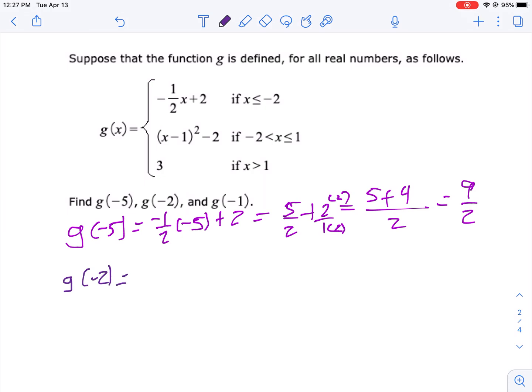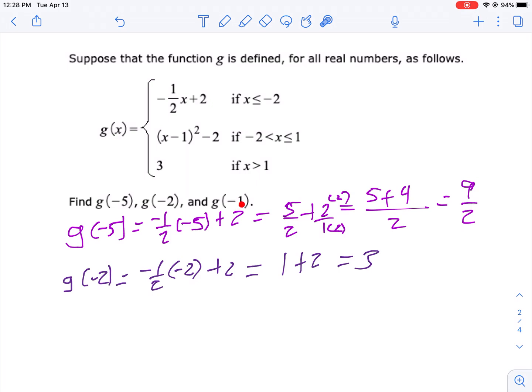So g of -2 is -1/2 times -2 plus 2. So a negative times a negative is a positive, so I get +1 plus 2, which equals 3. Notice I use this rule because it equals -2. If it would have been slightly bigger than -2, I would have used the second rule.